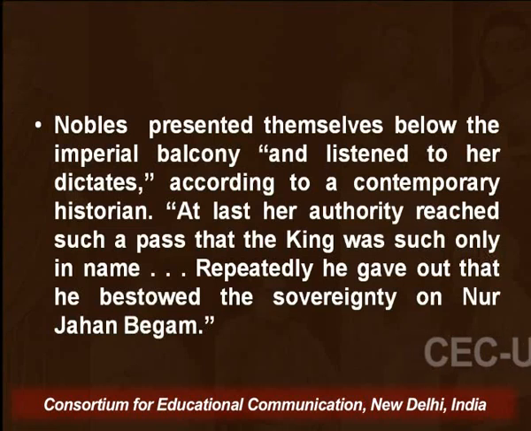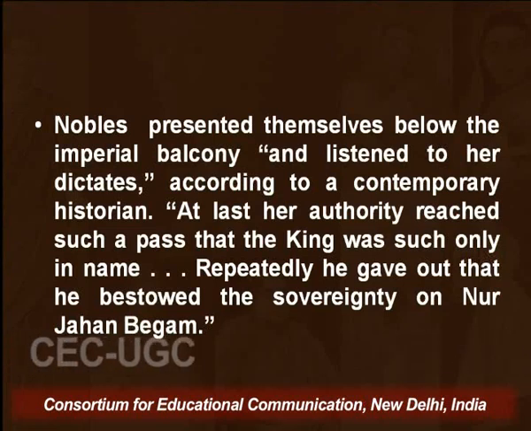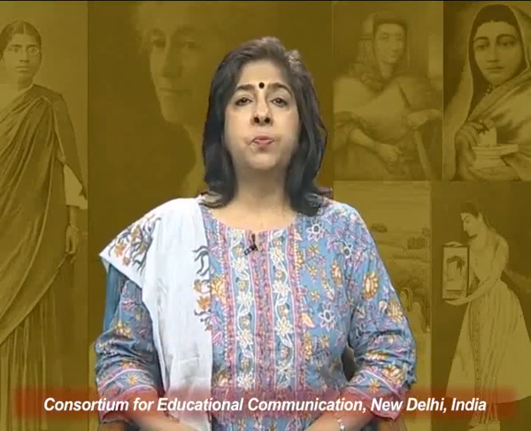Repeatedly he gave out that he bestowed the sovereignty on Nur Jahan Begum. This was how the contemporary Muslim Mughal chroniclers remembered Nur Jahan, thereby robbing her of all the good work that she had done, and all the authority that she wielded because of her capability and not because she had been bestowed all this power by Jahangir.